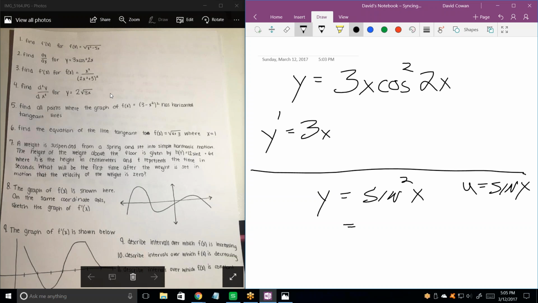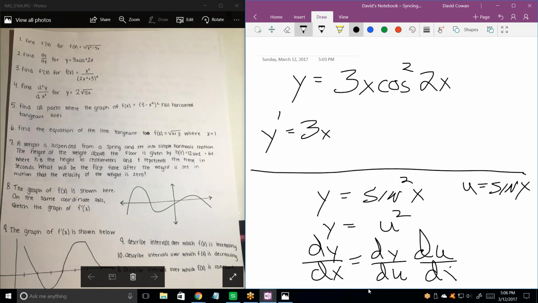If I let the inside be sine x, then this is going to turn into u squared, which I know how to differentiate. In other words, if I want to figure out dy dx, it's going to be dy du, which I can do, times du dx, which I can do up here. This is how you get the derivative of the outside times the derivative of the inside.